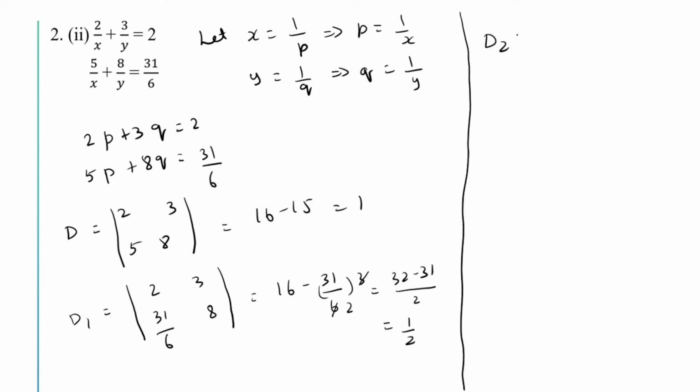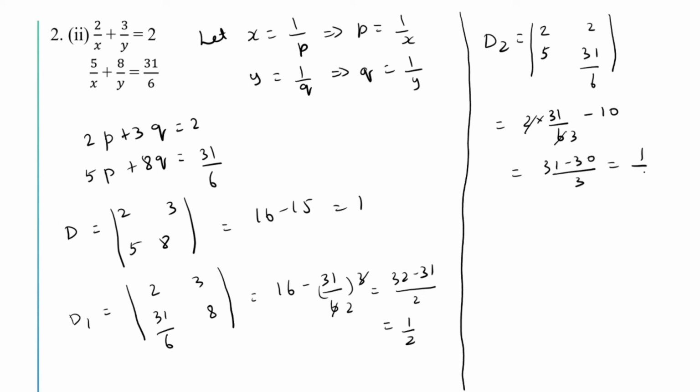Then d2 is 2, 5, 2, 31 by 6. So this is equal to 2 into 31 by 6 minus 10. We take 3 as the LCM, we get 31 minus 30 by 3, or it is equal to 1 by 3.